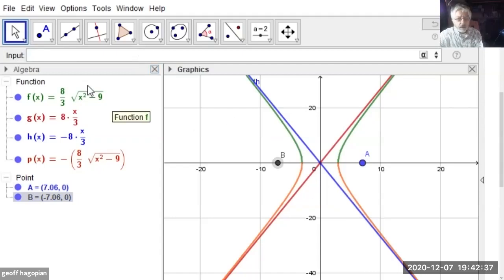And if x is 4, then what is f of x? Oh, f of 4. And I said 6.9. Turns out to be a little bit bigger, 7.06.